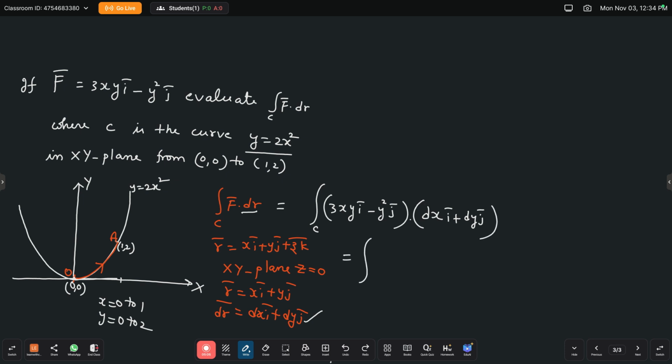The dot product is i dot i equals 1, j dot j equals 1. So by the dot product we get 3xy dx minus y square dy along the curve C.